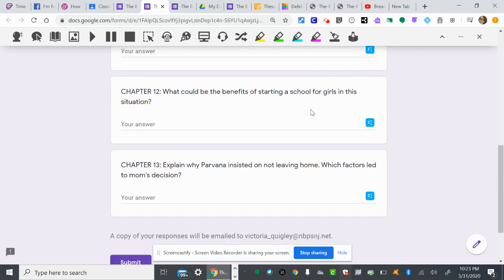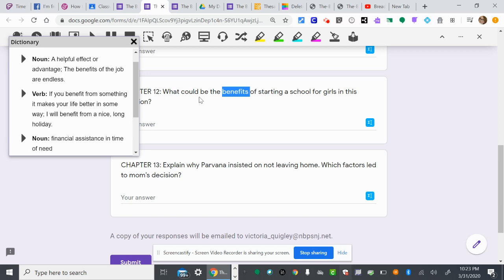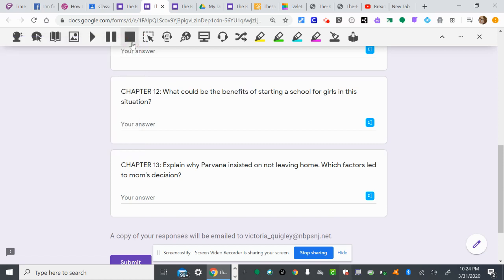What could be the benefits? Benefit? What does that mean? I'm going to click on the dictionary and I'm going to see a helpful effect or advantage. So, what could be the helpful part of starting a school for girls in this situation?